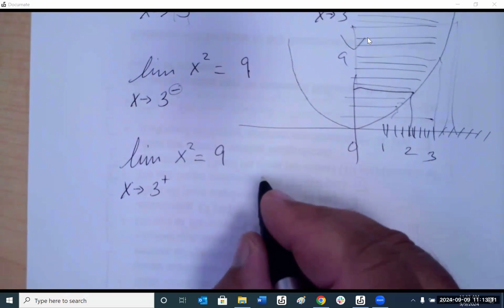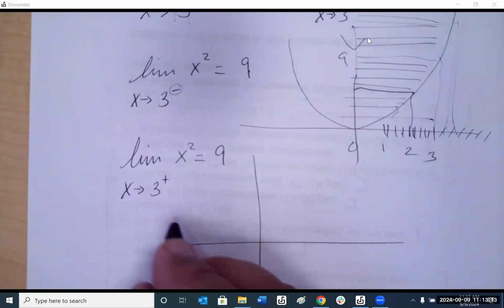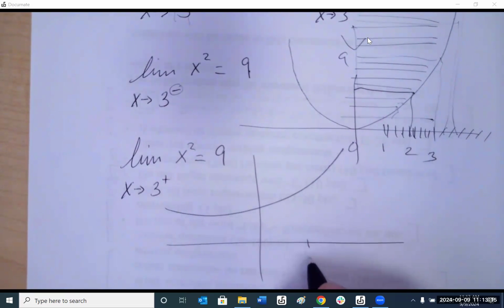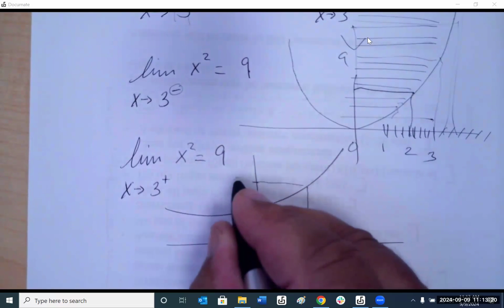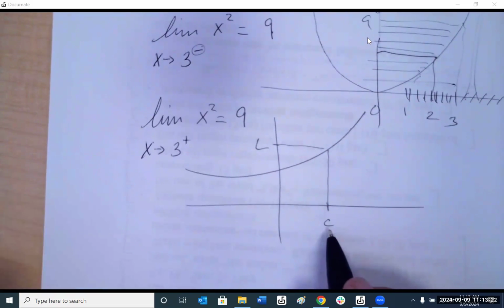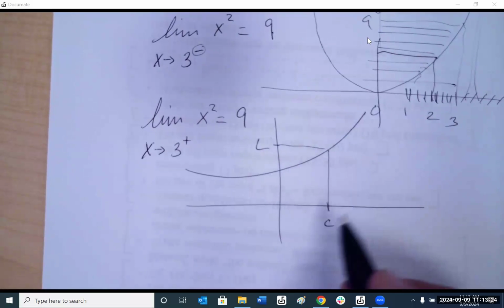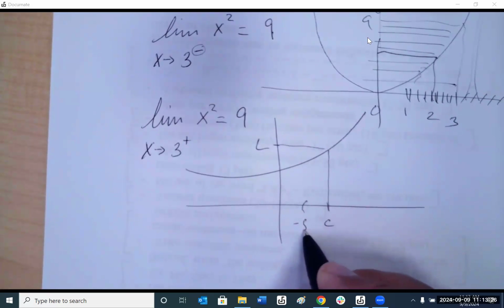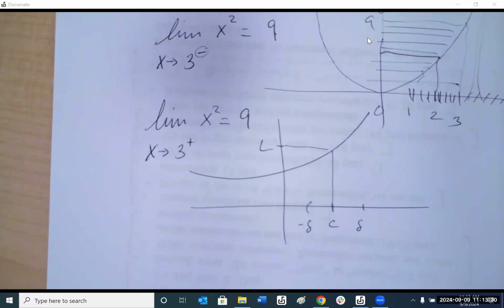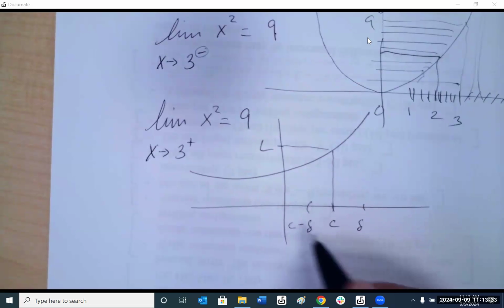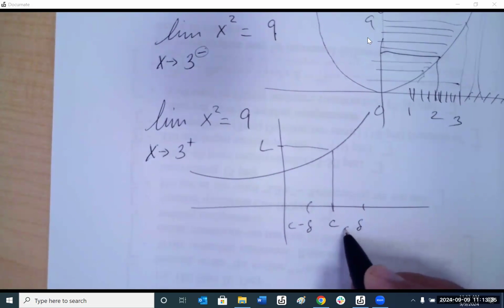Remember, that's when we had the epsilon delta proof. Given any, so we have a C value here that maps to an L value. So this is our C value in the domain. That's our limit. Here we have negative delta, positive delta. So this is C minus delta. This is C plus delta.